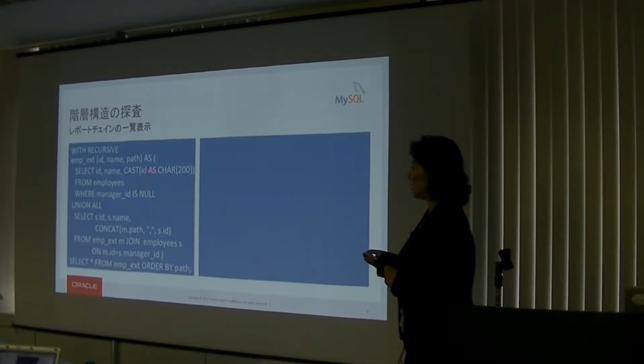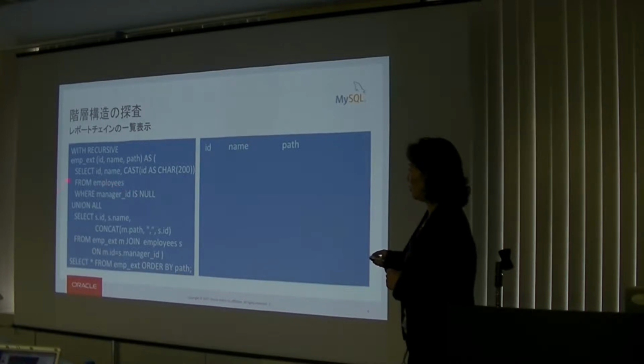So the query looks like this. The seed select that starts this recursion is, the first part is employee_extended. This is the name we give to the recursive CTE. It has 3 columns, ID, name, and path. And path is a concatenation of IDs.